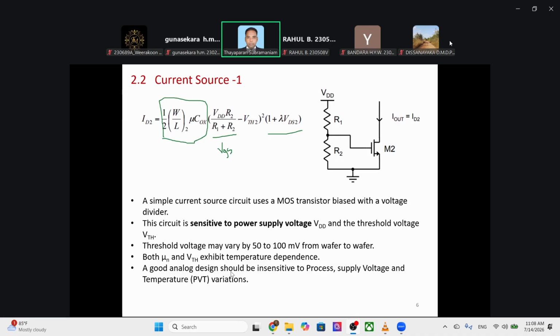A good analog design should be insensitive to process, supply voltage and temperature variations. But we have to do something to design. This is not the finalized current source. We are trying to see a simple current source and identify the sources of quality compromise. In this case, power supply variation and PVT variations of transistors play the role.